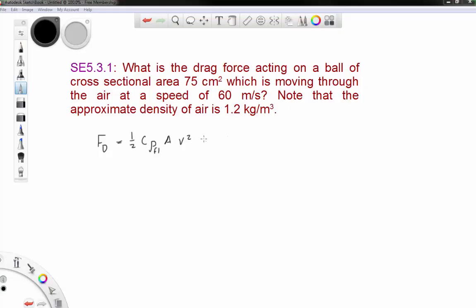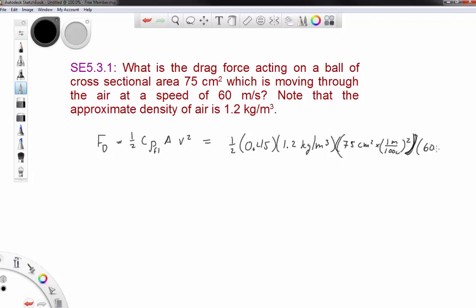So that means that what we have is 1/2 times 0.45 times 1.2 kilograms per cubic meter times the area, which was 75 centimeters squared. So that's 75 centimeters squared times 1 meter per 100 centimeters quantity squared. So kind of need a big parenthesis for that, times 60 meters per second squared. So this definitely calls for some calculators.